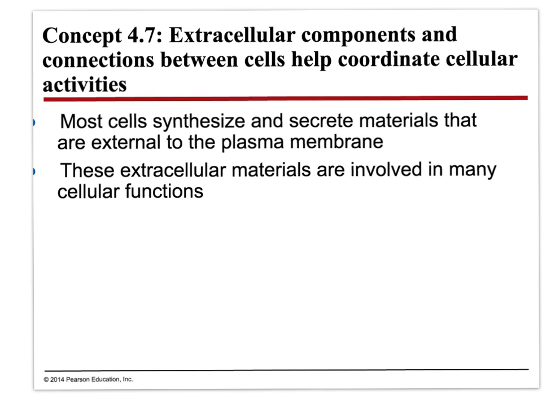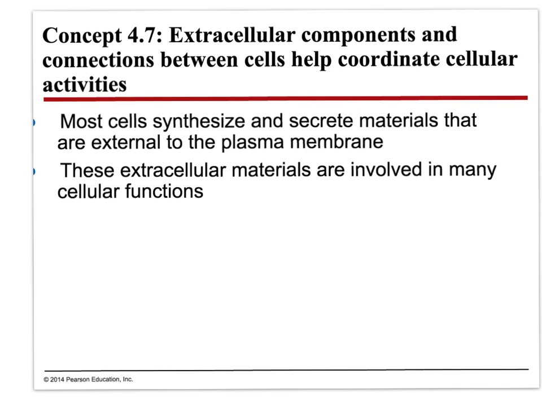But now the next part is actually going outside of the cell, because the cell is going to make contact. All mammalian cells, and you can write this down, have to be contacted, or what we call adherent, attached to something, in order for them to grow and function.